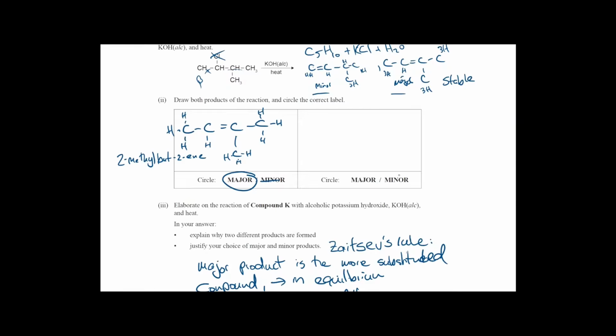And the minor one is going to be this one here, which is carbon, then double, single, carbon, single, carbon. There's one bond, so we need hydrogen, hydrogen. This one has 1, 2, 3 bonds, so it needs a hydrogen.